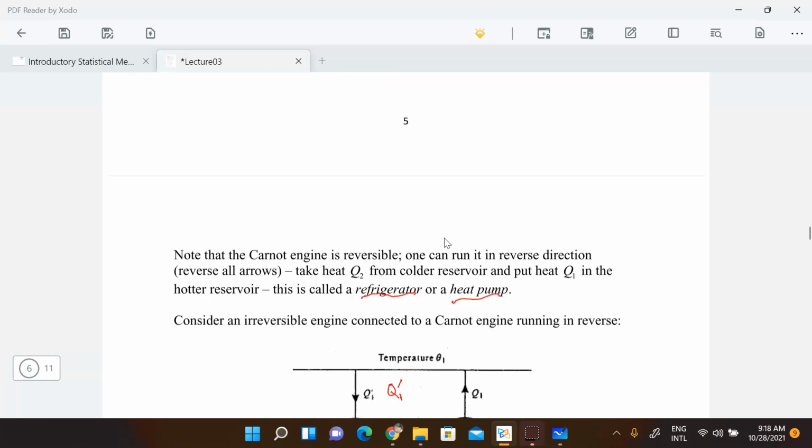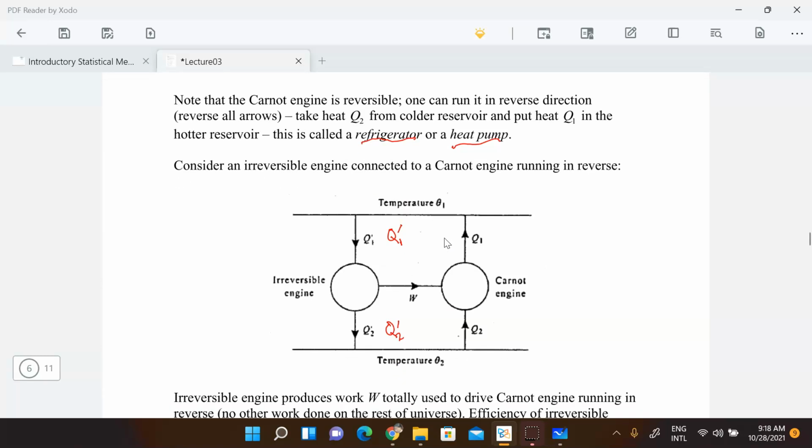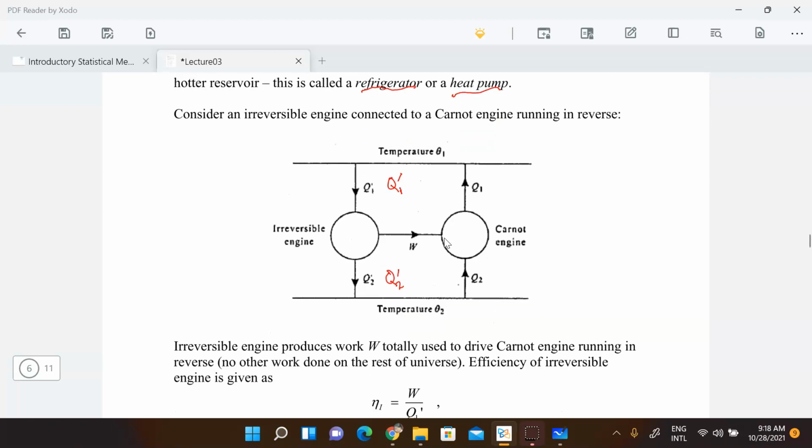So you can do this using this irreversible engine, which does work onto this Carnot engine so that it reverses the heat flow. We assume that all the work done by this irreversible engine is only on this Carnot engine, and there's nothing else.